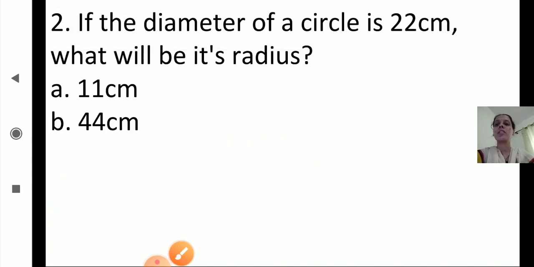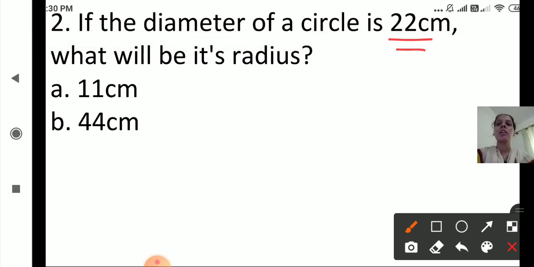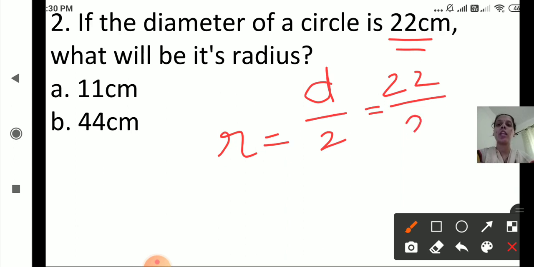Now this is the second sum. If the diameter of a circle is 22 centimeter, what will be its radius? What is the formula to find the radius? Radius is equal to half of the diameter, correct? So D is 22, and 22 upon 2 is 11. Option A is 11 centimeter, option B is 44 centimeter.